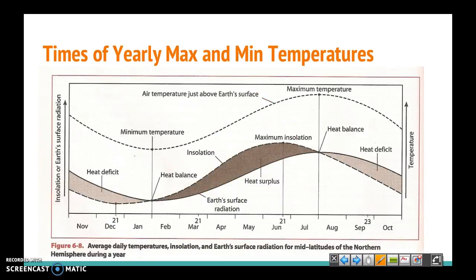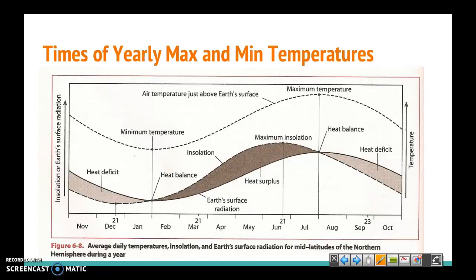If we look at the times of yearly maximum and minimum temperatures, this is a very interesting graph. This actually goes along with lab 6-3 that we did or will do on heat budget, right? So what we did is we're looking at when the minimum temperature is and when the minimum angle of insolation is.